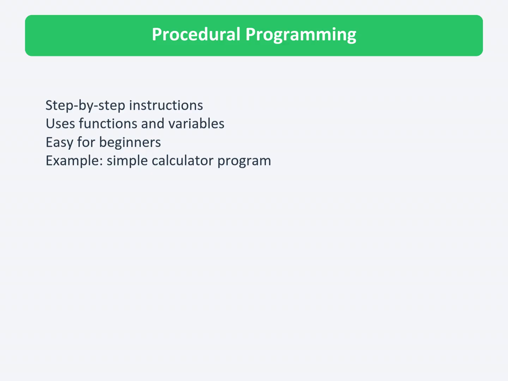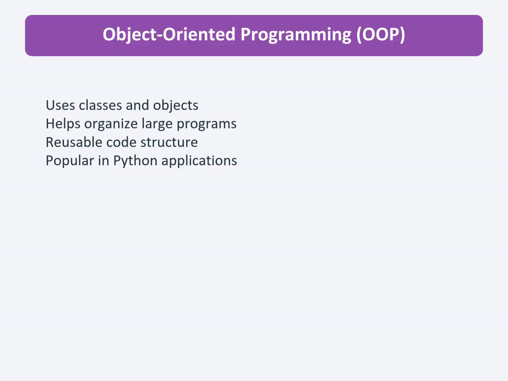The next one is object oriented programming. What is it? Object oriented programming is also called OOP, and OOP uses classes and objects. This helps developers organize large projects and reuse code easily.